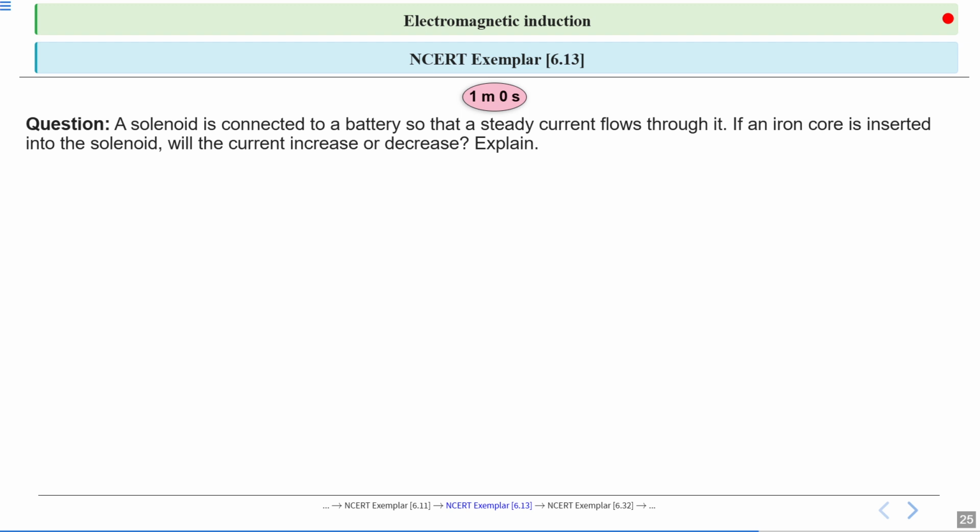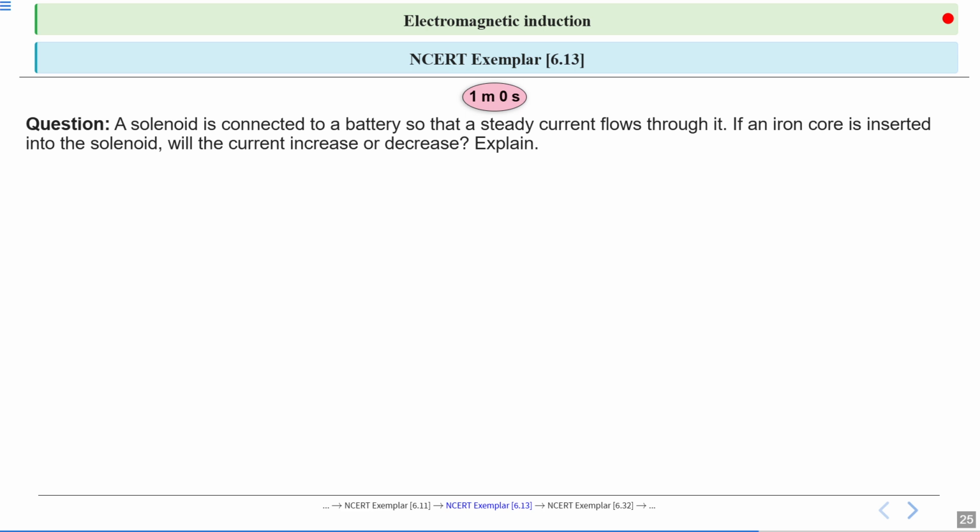So next, NCERT Exemplar 6.13. A solenoid is connected to a battery so that a steady current flows through it. If an iron core is inserted into the solenoid, will the current increase or decrease? So we are inserting an iron core inside the solenoid.